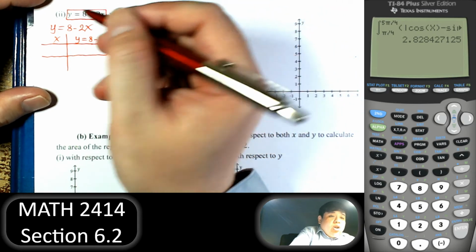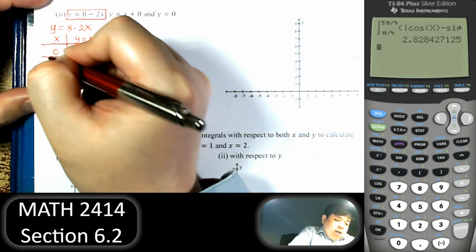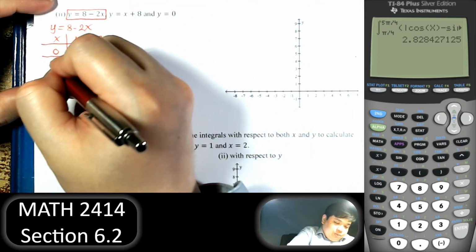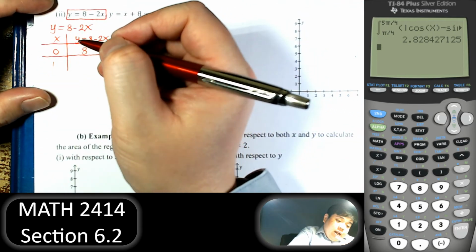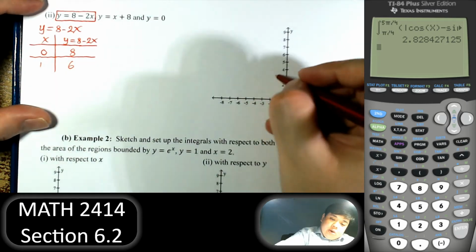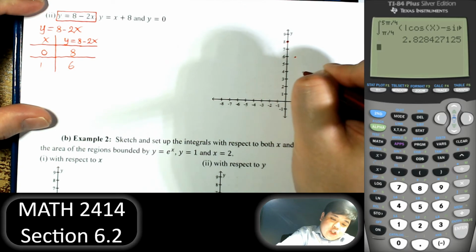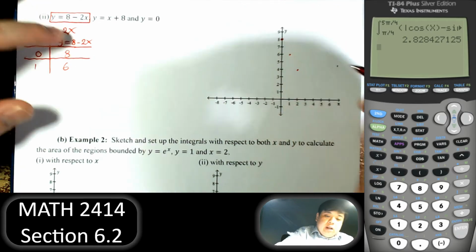Linear function, so we just need 2 distinct points. x equal to 0, y equal to 8. How about 1? Then it will be 6. So 0 and 8, 1 and 6, and then 2 will be 4, and so on.